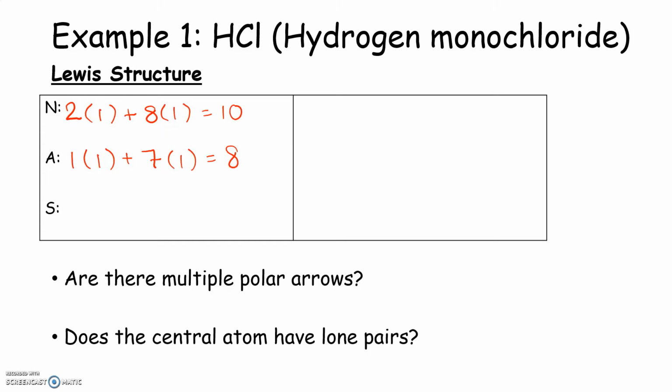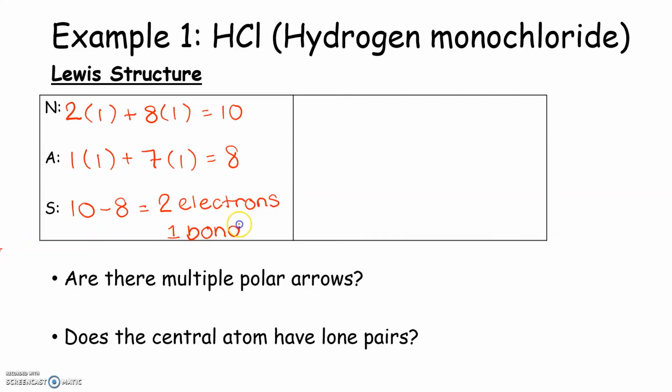To find shared, I'm going to do N minus A. So 10 minus 8 gives me 2 shared electrons. Remember that every bond is equal to 2 electrons, so to find the number of bonds, I divide the number shared by 2. I end up with 1 bond.